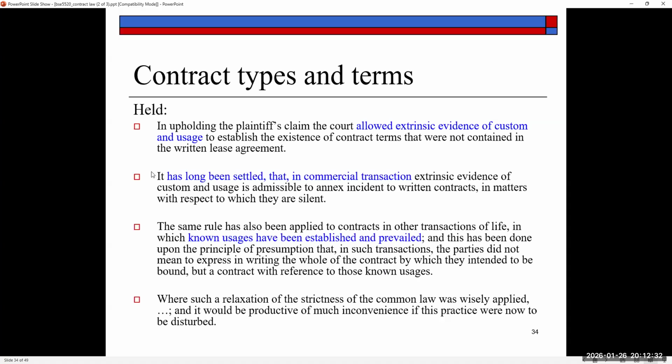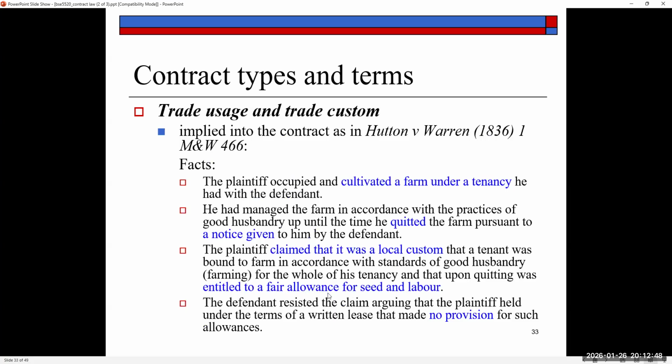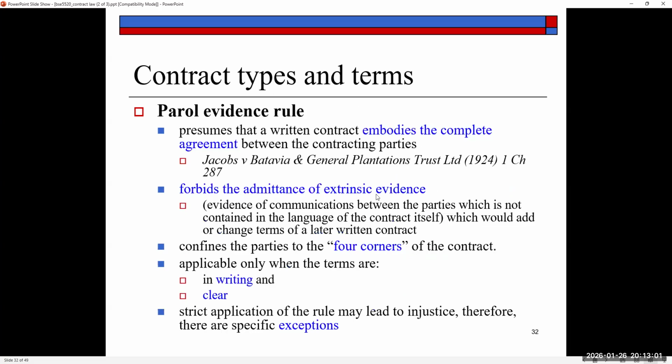So in short, the court allowed this extrinsic evidence, custom and usage, to be admissible, to be implied, although the contract doesn't specifically mention this kind of allowance. So this is an example of relying on trade usage and trade custom, as a kind of extrinsic evidence. Usually forbidden, but sometimes allowed.